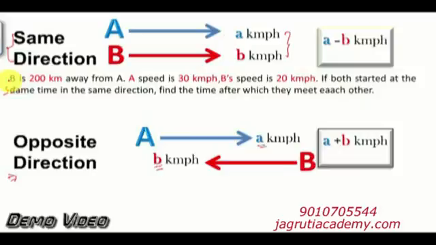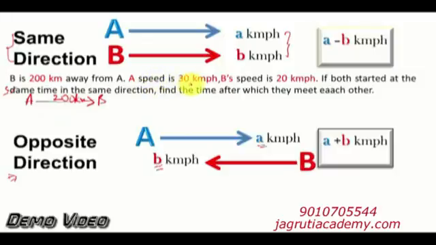What is the distance between B and A? 200 kilometer. Let's take this as A, and here is B. I can say B is ahead of A by 200 kilometer.